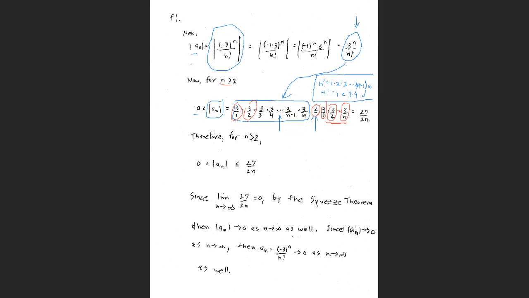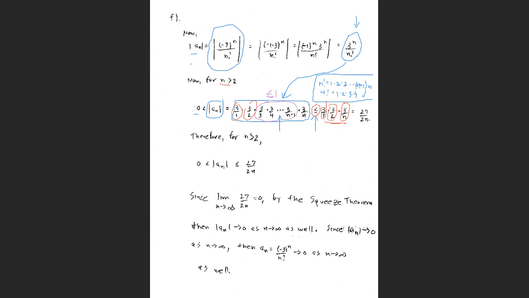So the reason I can say that is, you see, this part of the product, the 3 over 3 times 3 over 4, all the way up to 3 over n minus 1, that product is less than or equal to 1.